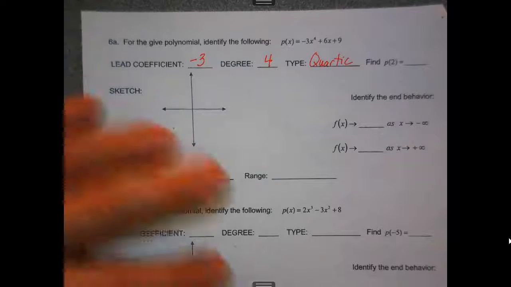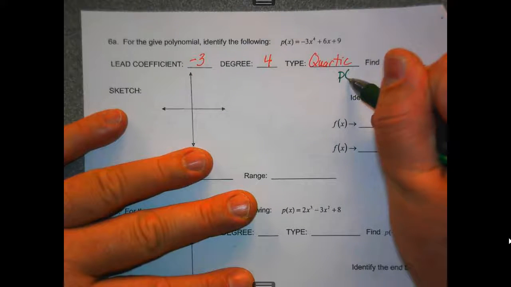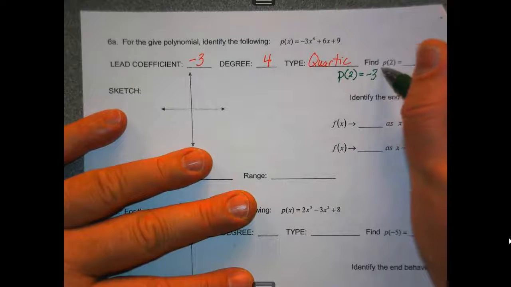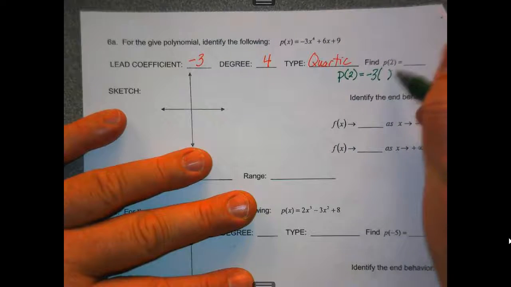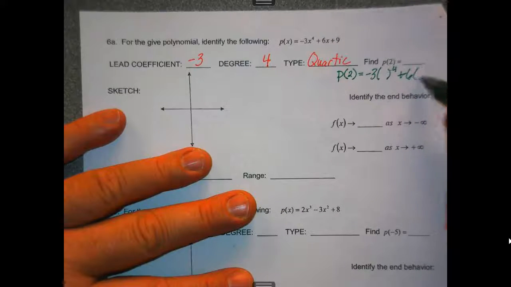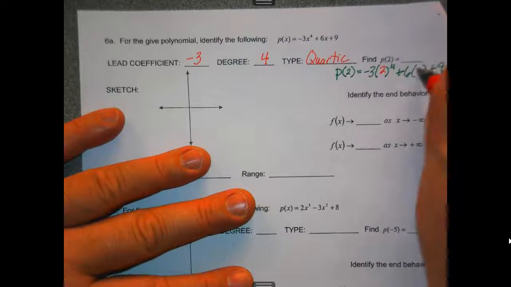And we have to find the p of 2. So I'm going to take p of x, replace x with 2. So I have negative 3 times parentheses raised to the fourth plus 6 times parentheses plus 9, and 2 for x.